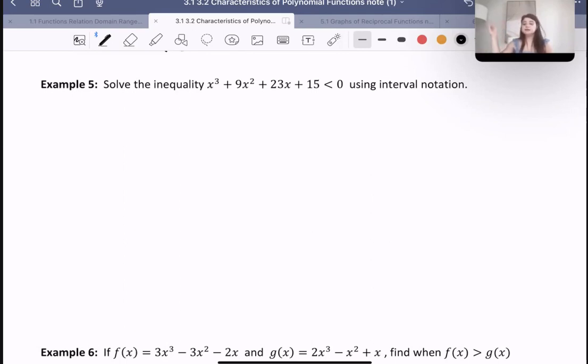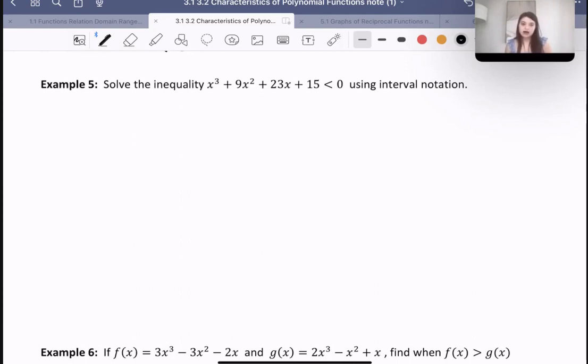This time, since we're looking for when this equation is less than 0, we're just going to choose the negative intervals, and those are going to be our only answers for this one. Okay, but first of all, we have to figure out how to factor this so we can even figure out where our boundaries are and what we should even look for in order to determine which intervals we can really do here. So let's do that first.